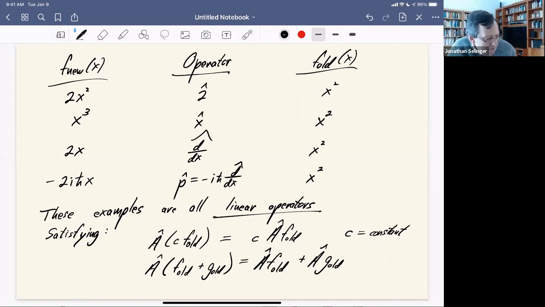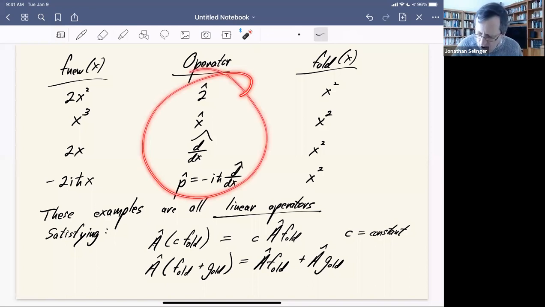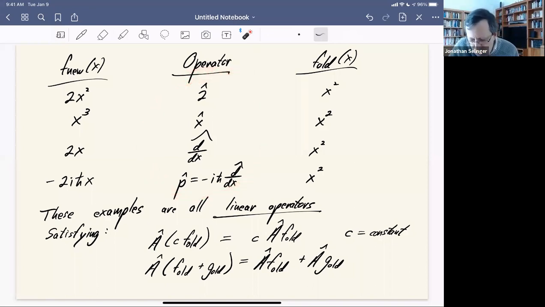So a linear operator has to satisfy those two rules.